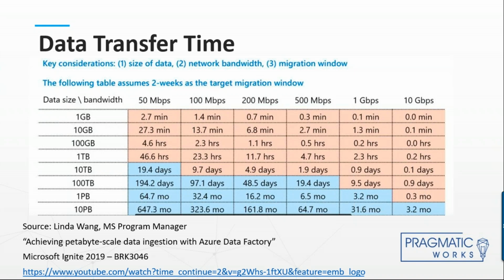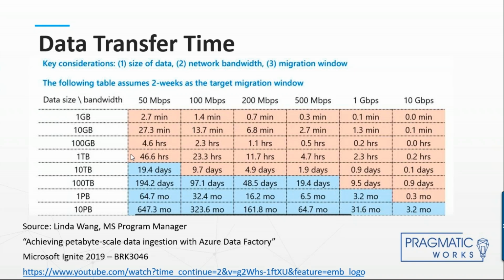In her example, the red and the blue is kind of a guideline. The red was anything that was under 2 weeks, and the blue was anything that was over 2 weeks, and that's how she framed her demonstration. But as you can see, it very typically takes many, many days, in a lot of cases, to move large volumes of data.